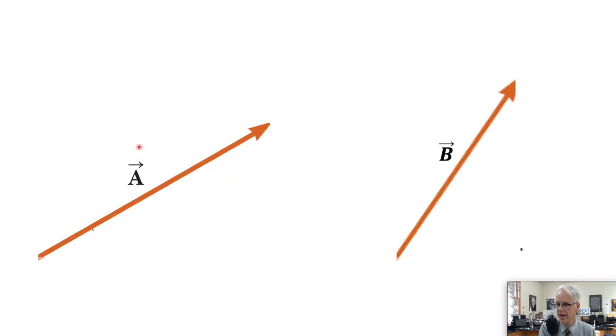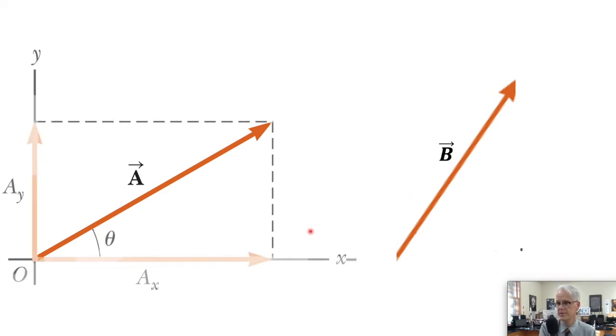So let's say we're adding vector A plus vector B. Let's split them both into their components.